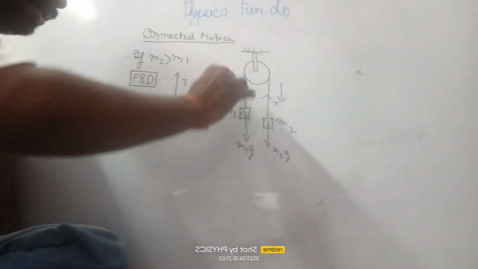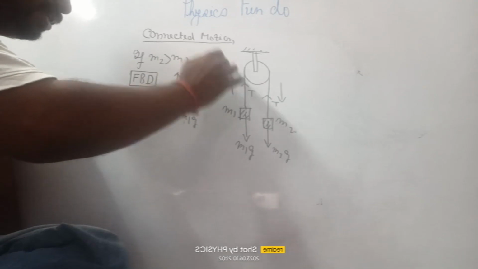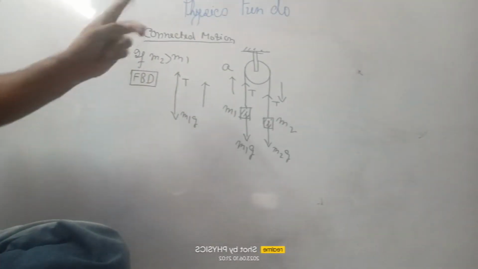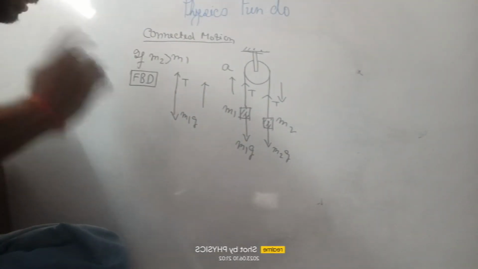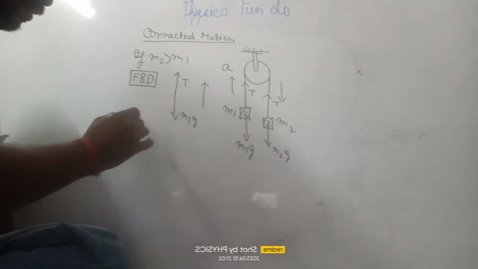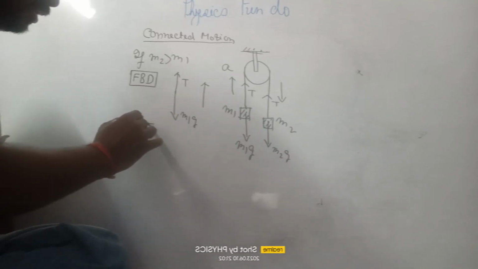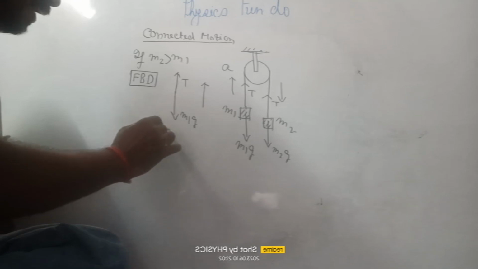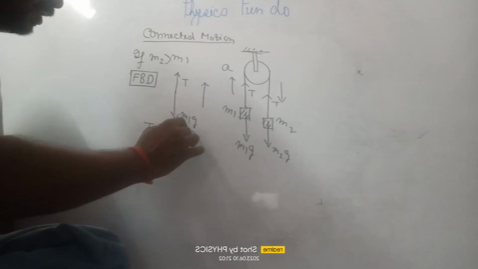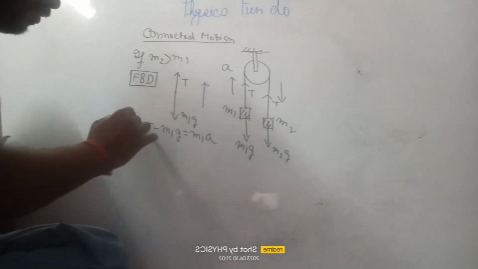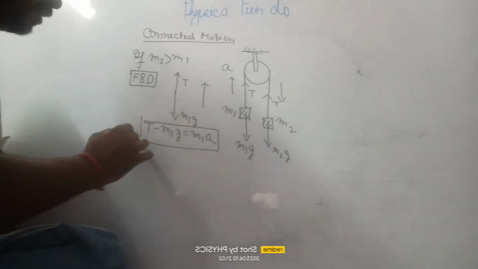If the acceleration of the total system is a, then from Newton's laws of motion, T minus m1g equals m1a for the first case.